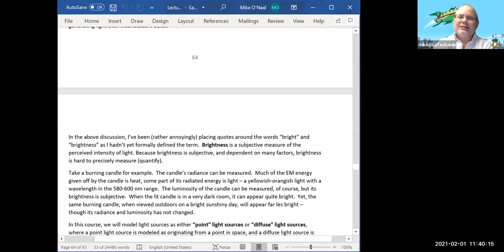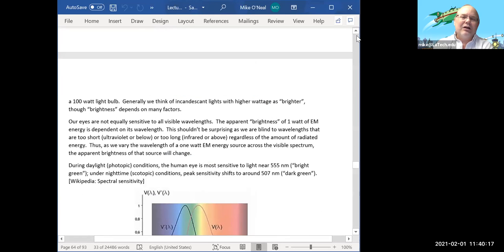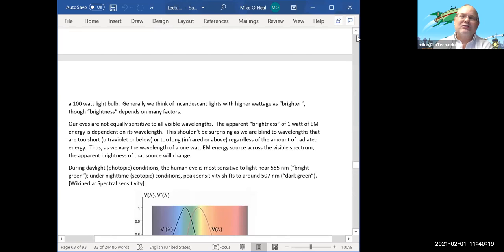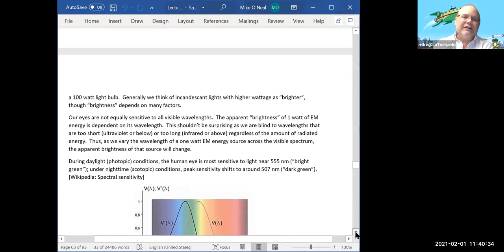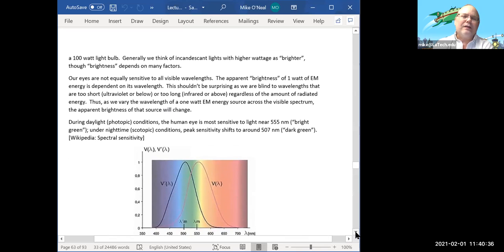So we say something is bright or dim all the time, but there's no unit of brightness. There's no measurement of brightness like there's a watt. So another thing is that your sensitivity to light varies based on the wavelength of that light.